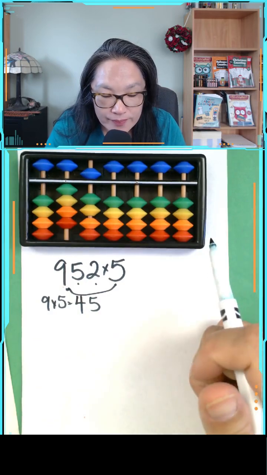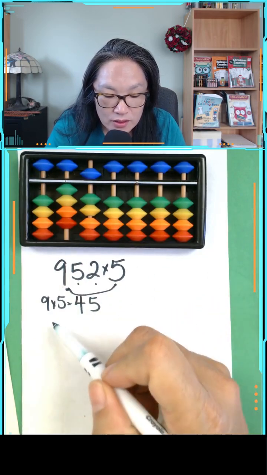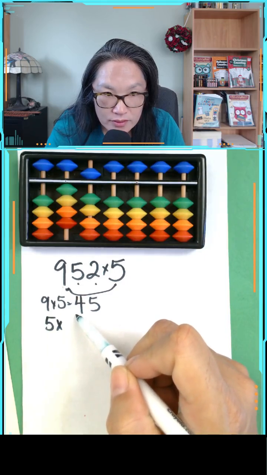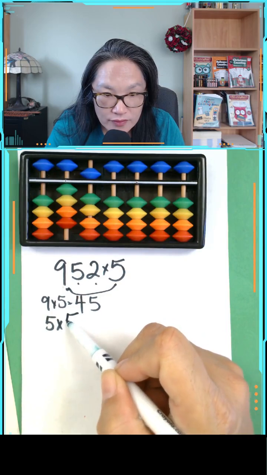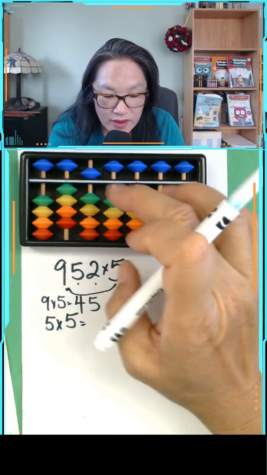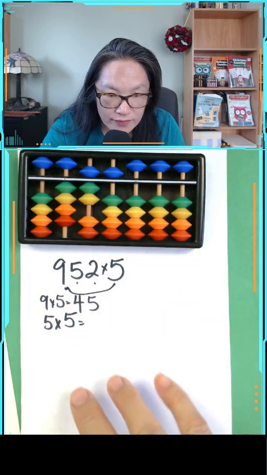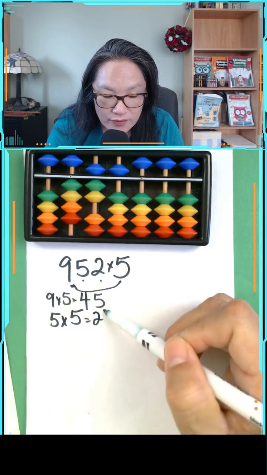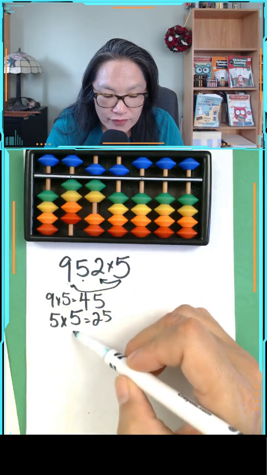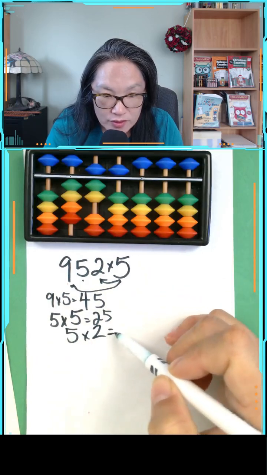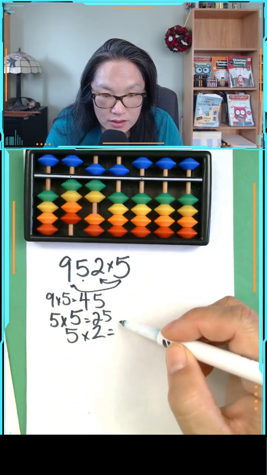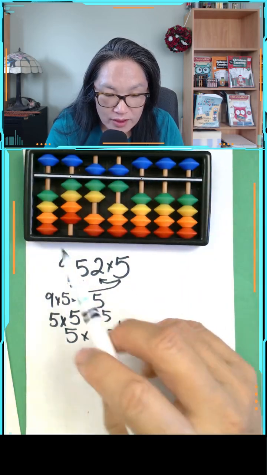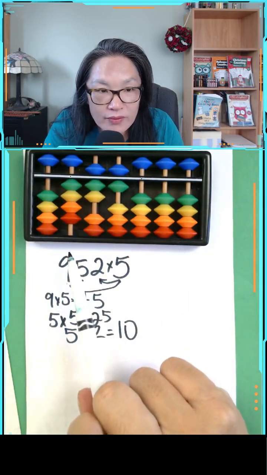Then what's our next one? 5 times 5. 5 times 5 is 25. What's the last one? 5 times 2 is equal to 10. So you add the 10. So what's my final answer?